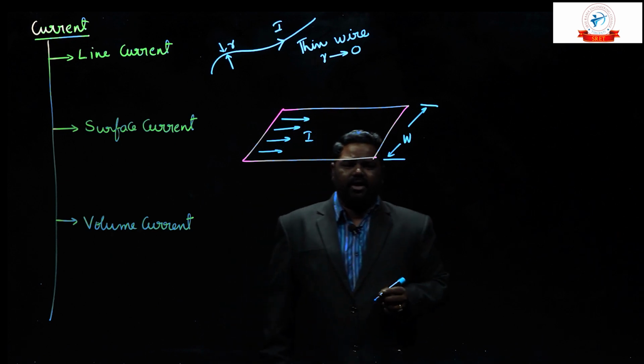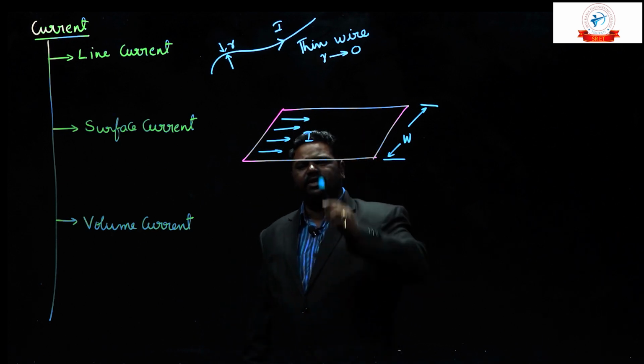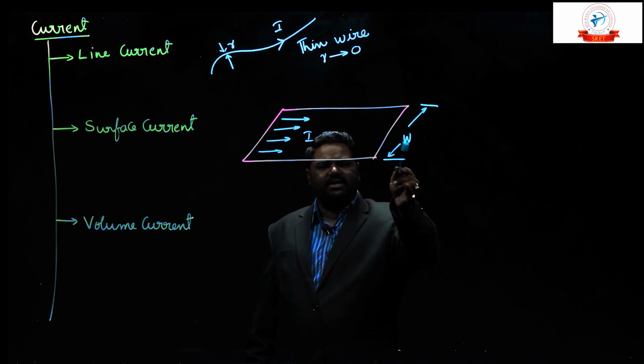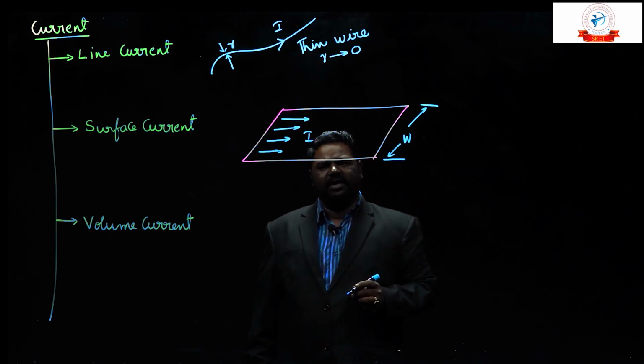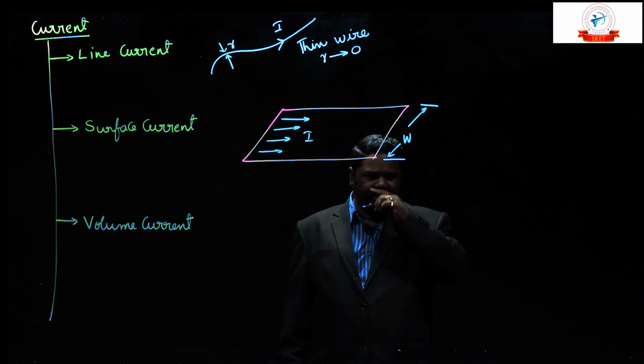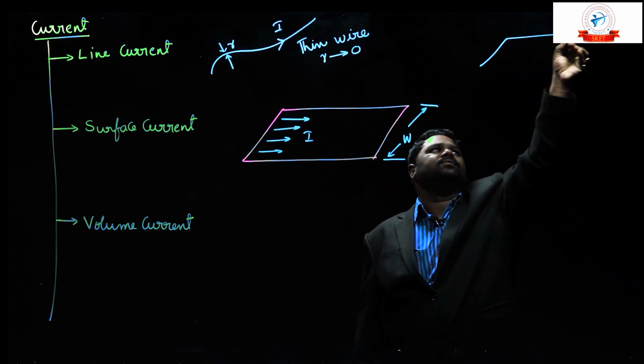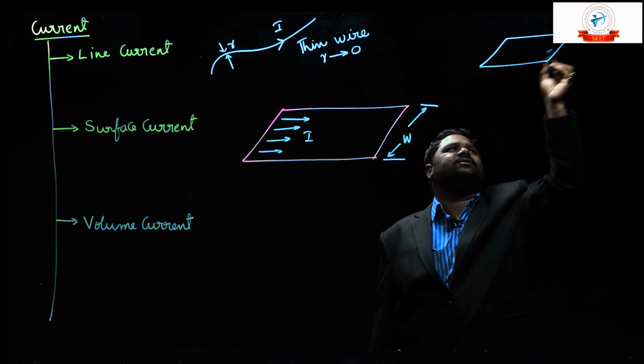Now observe this one. When current is flowing through this sheet, the current is crossing the width of the sheet or area of the sheet. Actually, if a current is crossing the area of the sheet, then the diagram looks like this. This is the sheet.